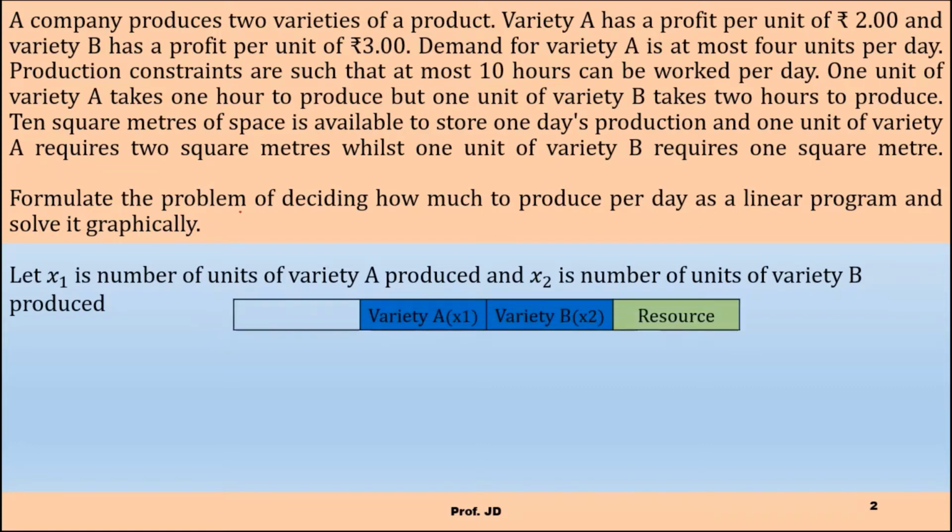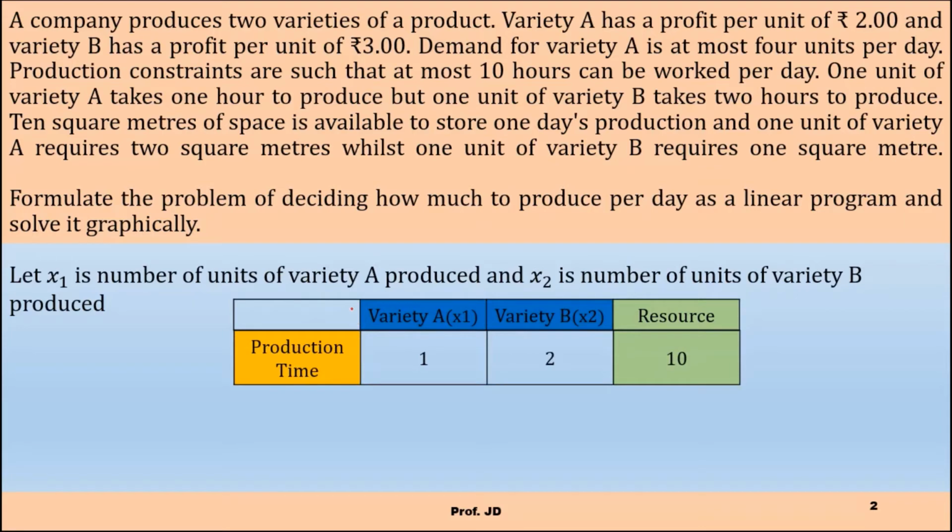Now, as discussed earlier, write down the decision variable in the first row and all the constraints in the first column. So our first constraint is production time, right? So variety A takes 1 hour to produce, and variety B takes 2 hours to produce, and maximum hours available is 10.